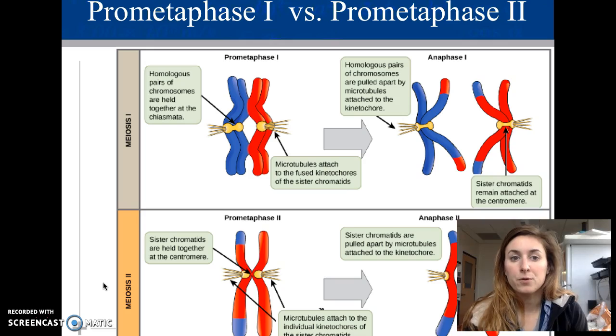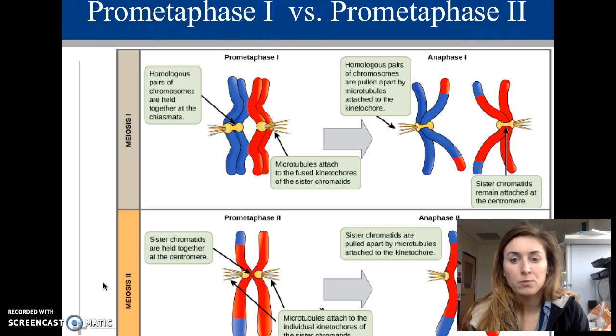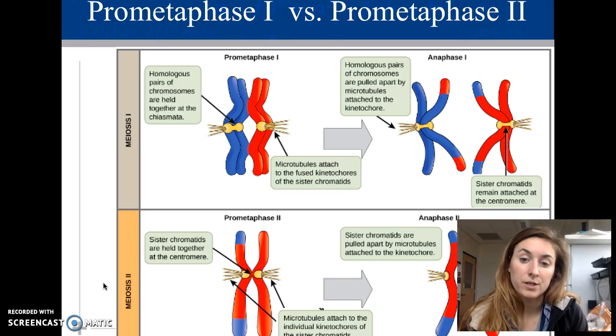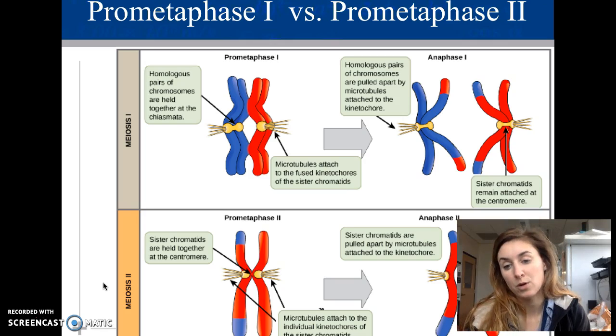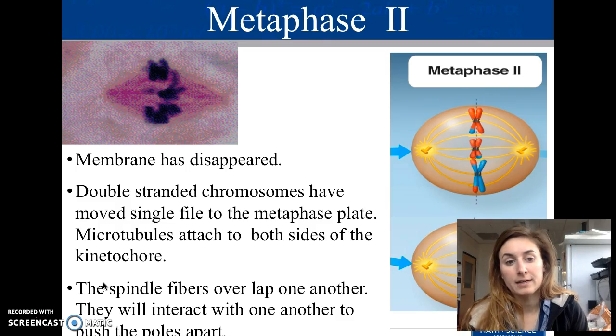In prophase or prometaphase 1 during meiosis 1, versus 2, we see that there is not a lot of crossing over that's going to happen, because on the top row I've got my two chromosomes where crossing over can occur. In the bottom, I'm splitting two chromatids, and so crossing over doesn't really happen.